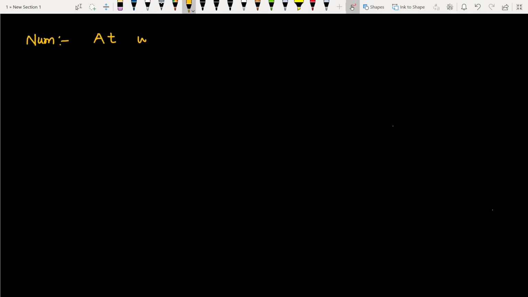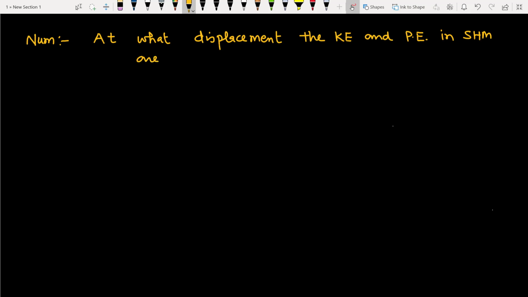At what displacement are the kinetic energy and potential energy in SHM equal?